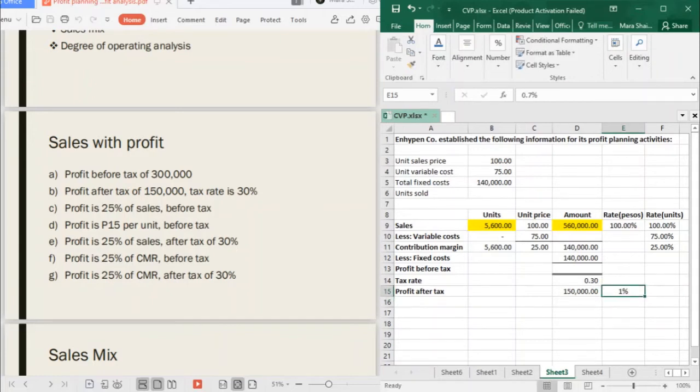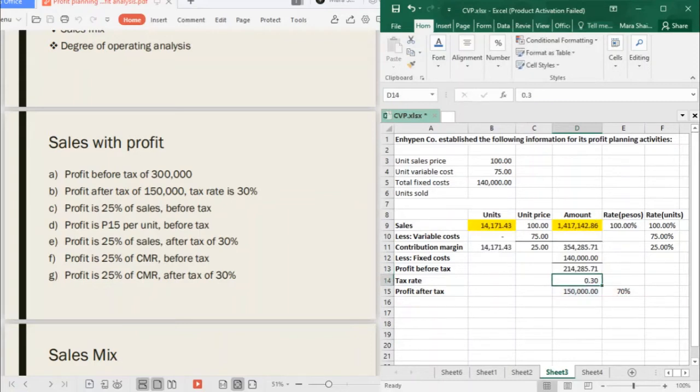Oh, wait. Oh, this is in percentage. So, there. 70%. So, your profit before tax is simply 150 divided by 70%.